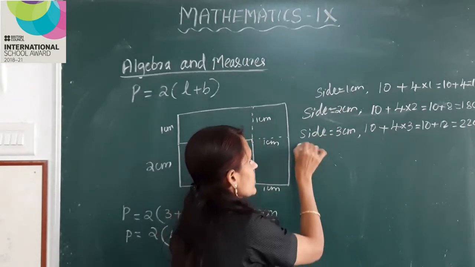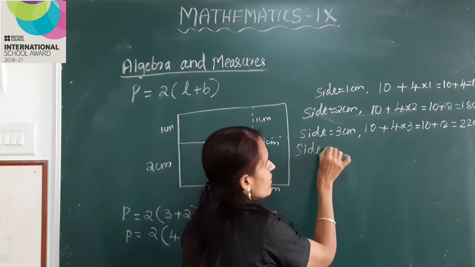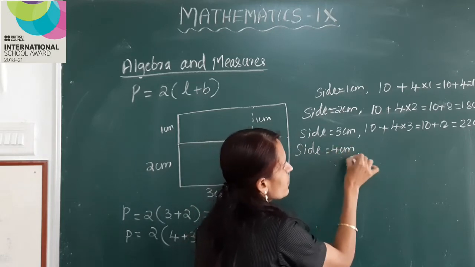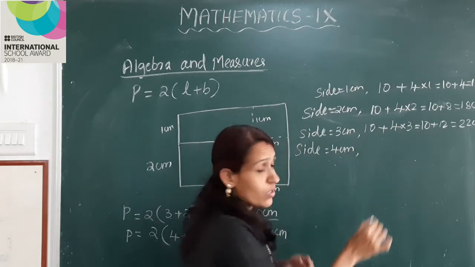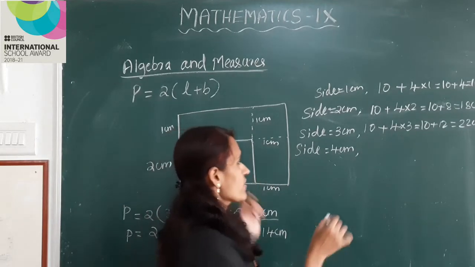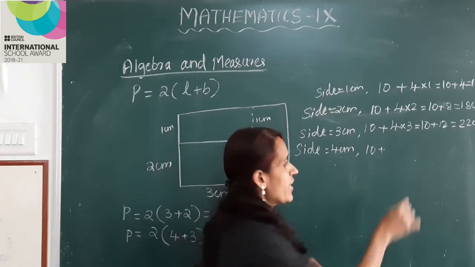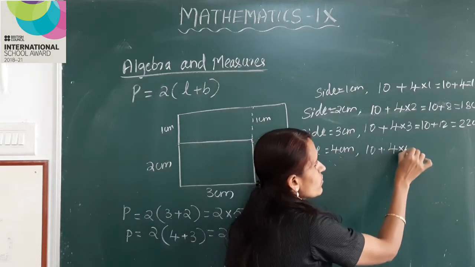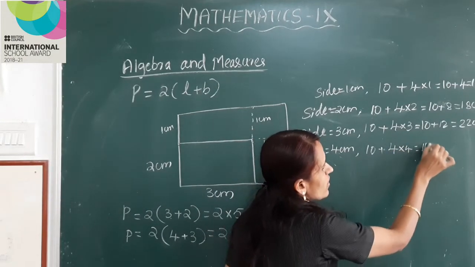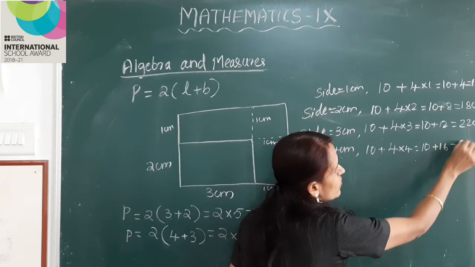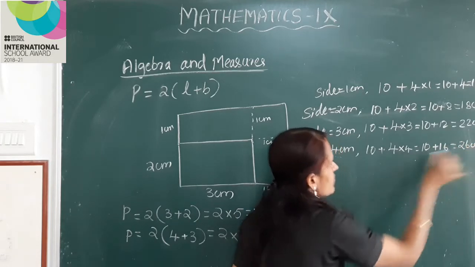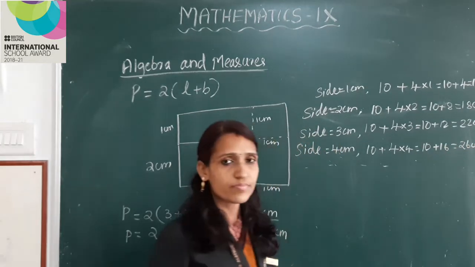Next, if the sides are increased by 4 centimeter, the perimeter of the original rectangle is 10 plus total increase, that is 4 into 4. This is equal to 10 plus 16 is equal to 26 centimeter, etc.